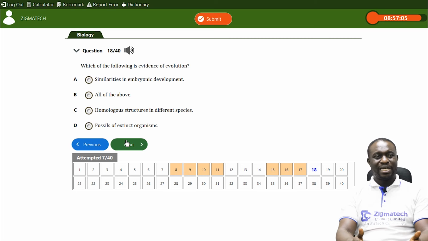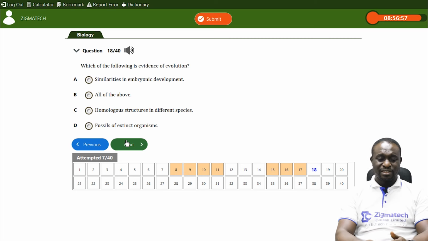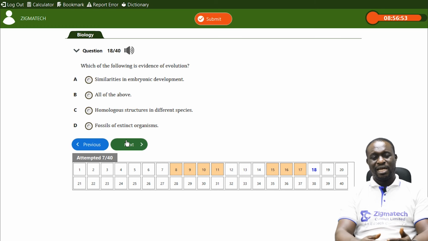When we are looking at vertebrates, Pisces, amphibians, reptiles, and mammals: in Pisces, they have 2-chambered hearts. In amphibians, 3-chambered hearts. In reptiles, 4 incomplete, and then in mammals we have 4 complete chambers of the heart.